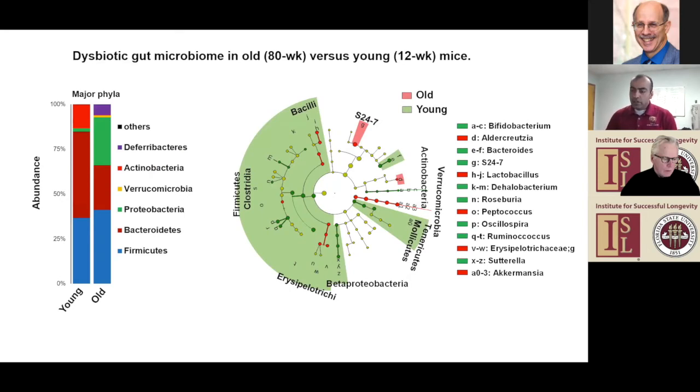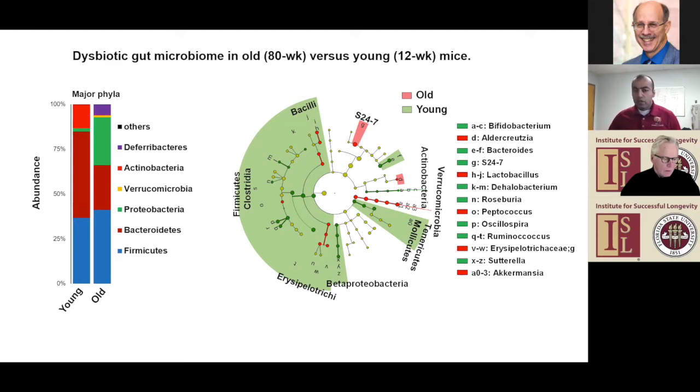I have started recently doing some studies on mouse models of aging, where we have clearly seen that, not only in humans, even in mice, old mice have very, very different microbiome compositions as compared to young mice. Even if they're from the same facility, maintained on a normal diet, still old mice have a very different microbiome composition compared to young mice.